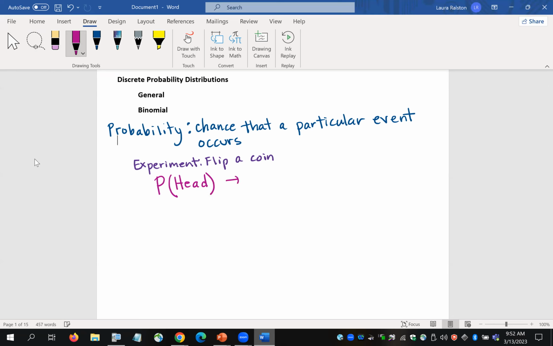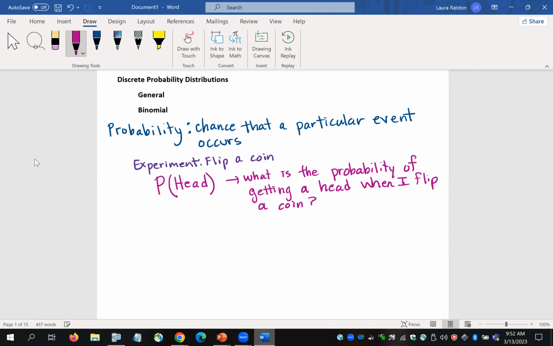That notation there means what is the probability of getting a head when I flip a coin. Okay, it's a shorthand notation that's used.